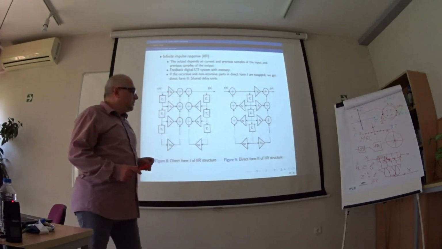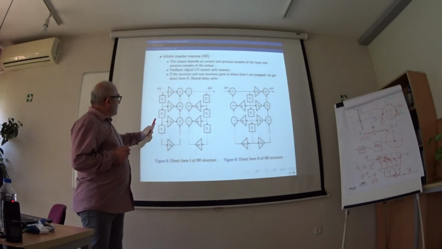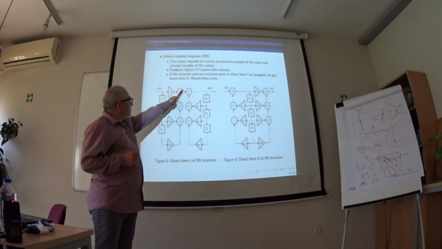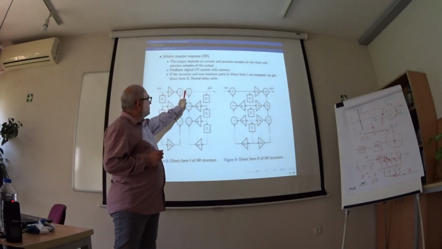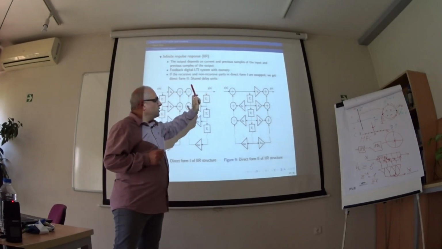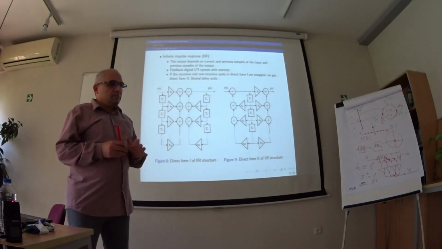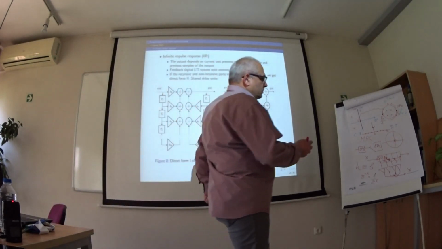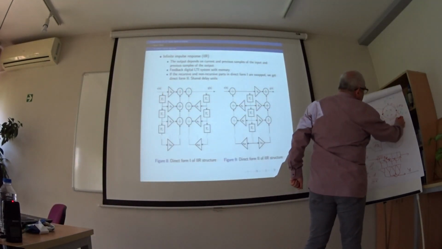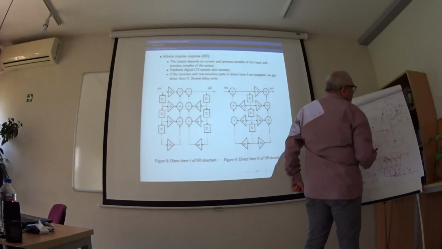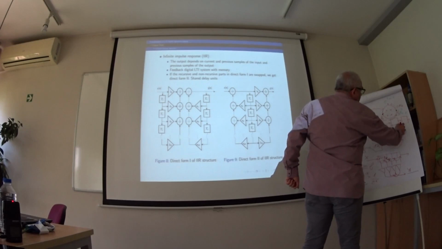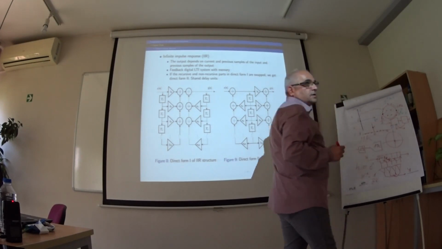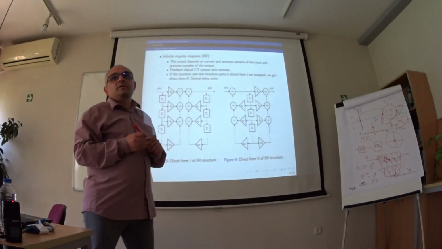Now, another structure. They are identical, but the idea is we can think about two filters. The first one is up to here, and the second one is from here up to here. So they are connected in cascade, first one and the second one. Because we have LTI, I can change the positions and the transfer function will be the same.